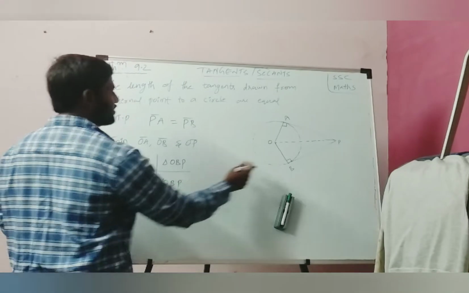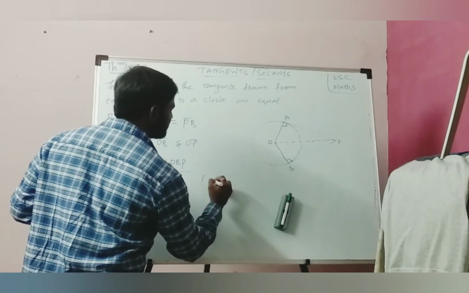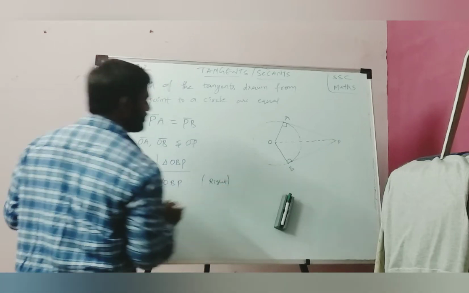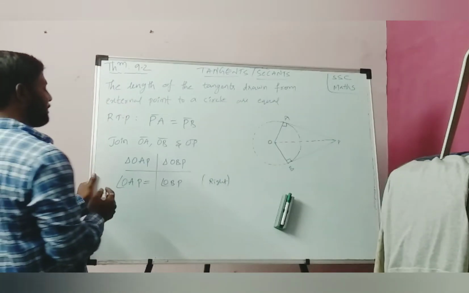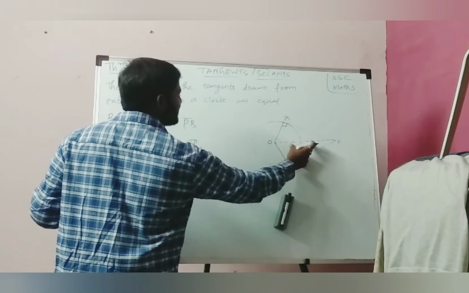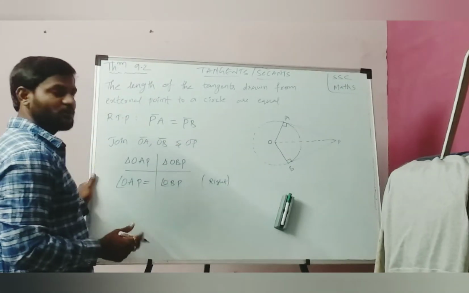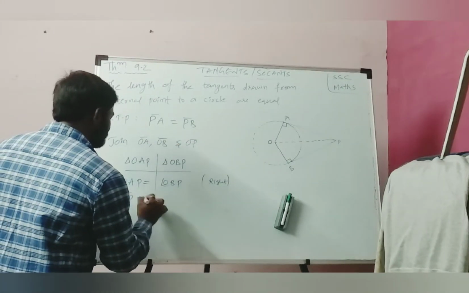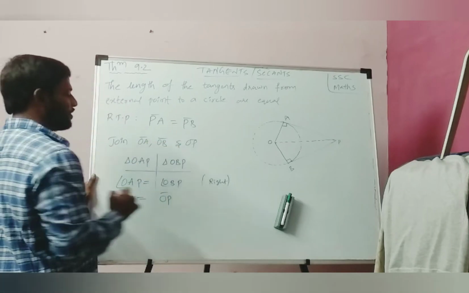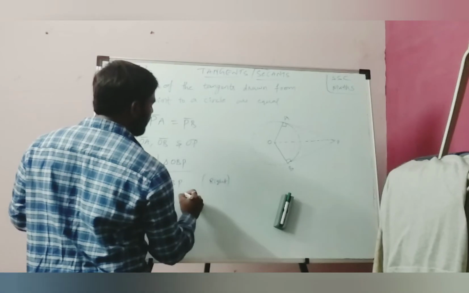Why? Because this angle is also 90, so both are right angles. Next, OP is common in both the triangles. OP equals OP. Reason: common.